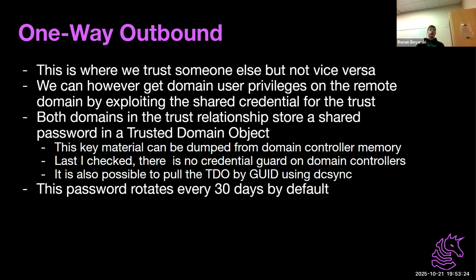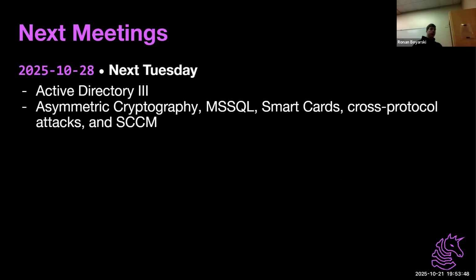And that lets us use that shared credential to do basically a totally unprivileged domain user logon on it. And that is via the shared credential for the trust. So that's the idea. It's this random domain object that rotates its password every 30 days, but you can at least pivot to an unprivileged domain user. This one is pretty lame, but it is still worth knowing about.